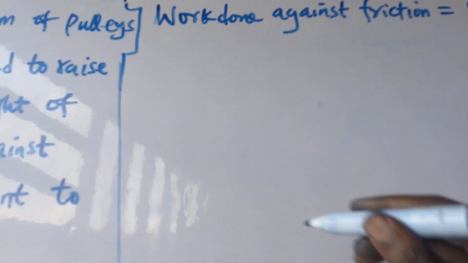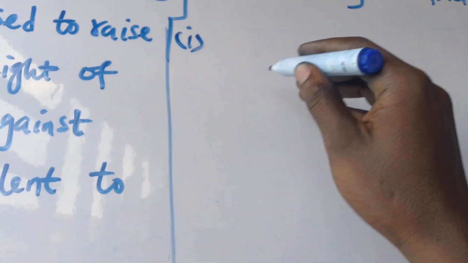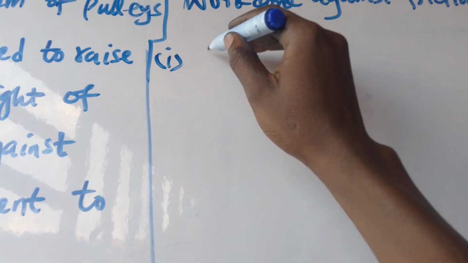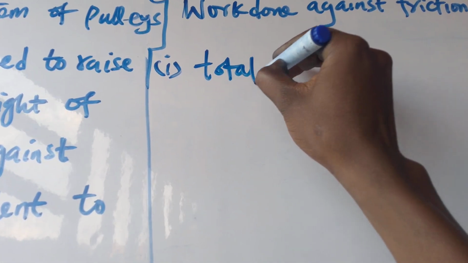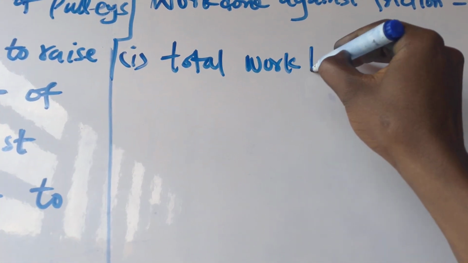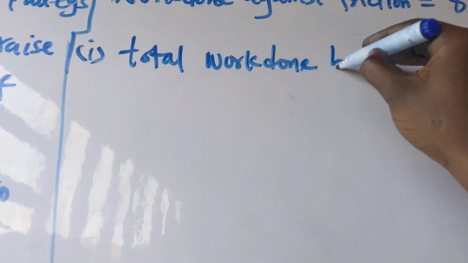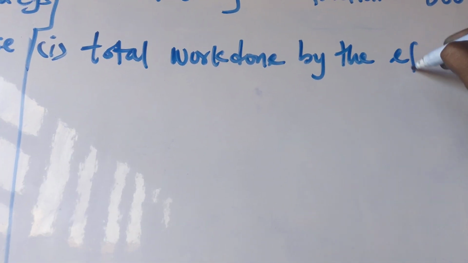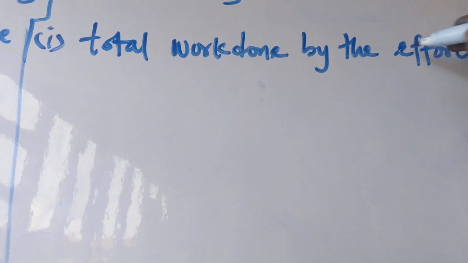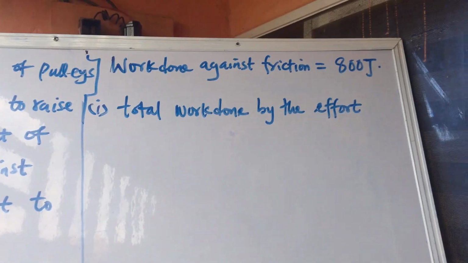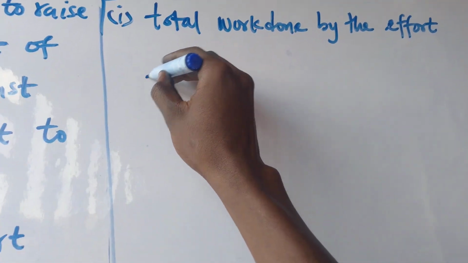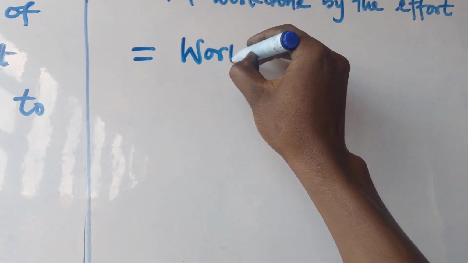Okay, so let's look at that Roman figure 1. We should find the total work done by the efforts. Now, work done by effort is equivalent to the work input.